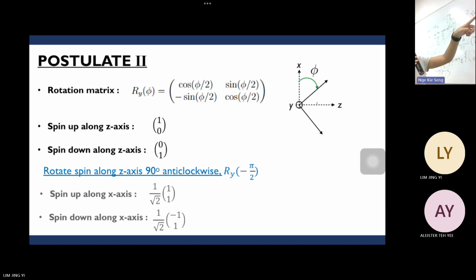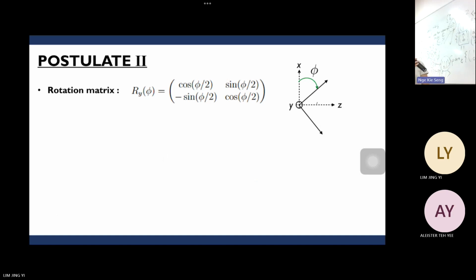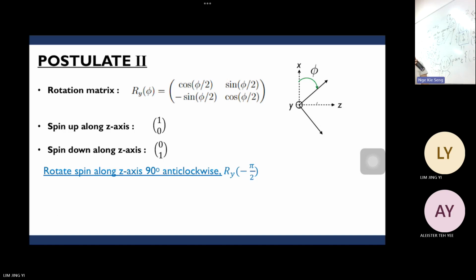If you look at the diagram, we just need to rotate the spin state along the z-axis anti-clockwise by 90 degrees. Then the spin state will be along the x-axis. Just multiply the matrix with the spin state and you get the x-axis.